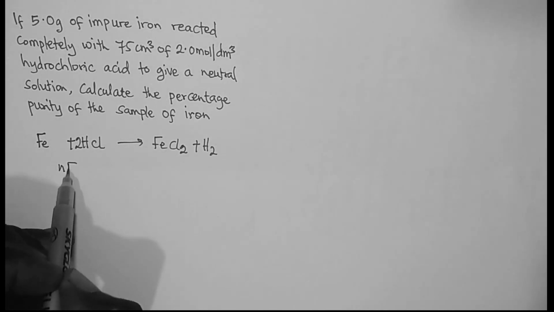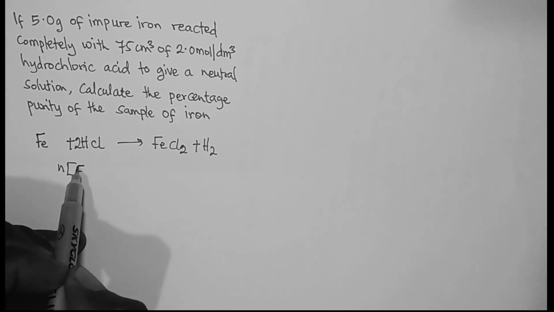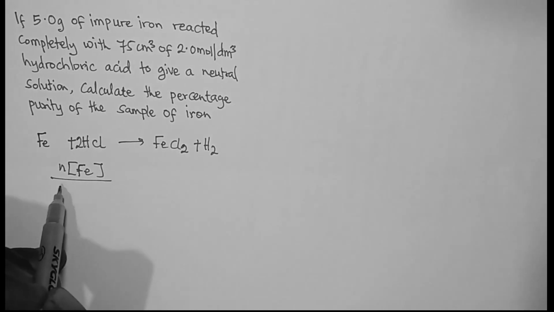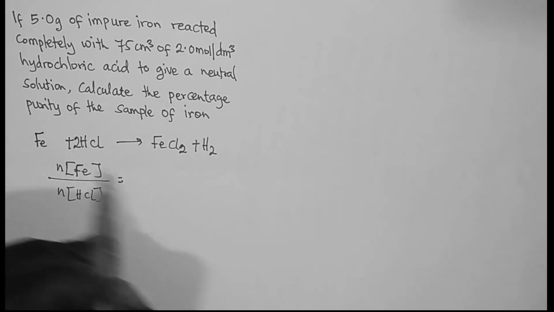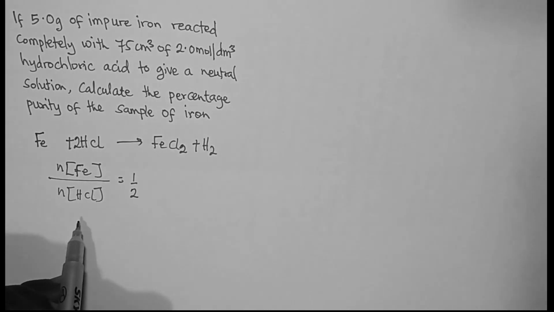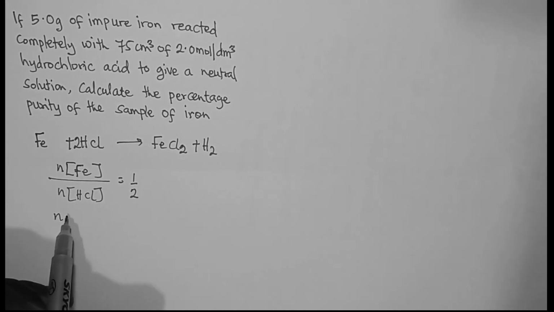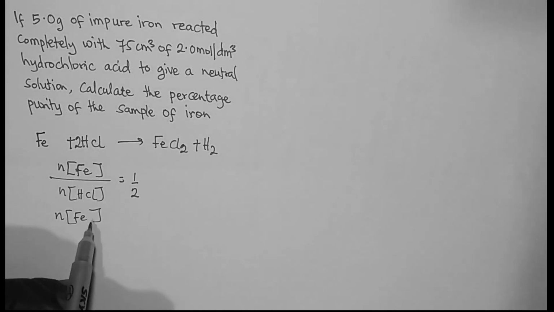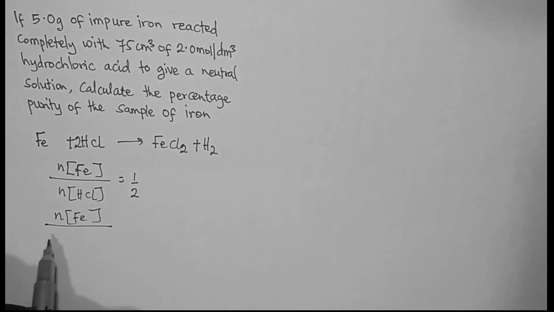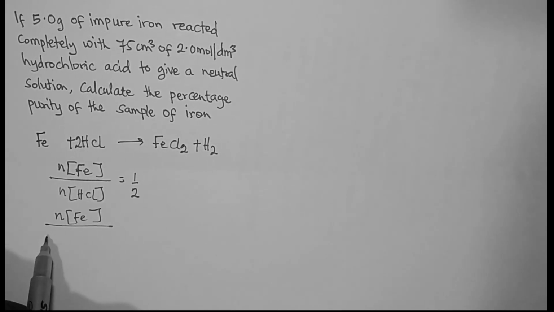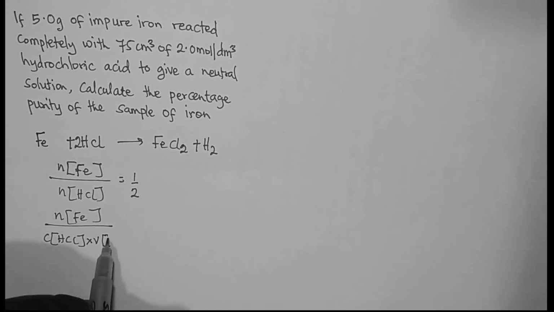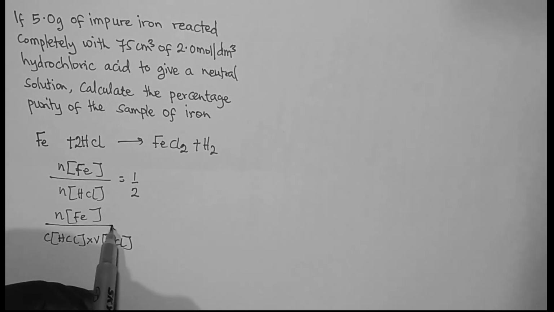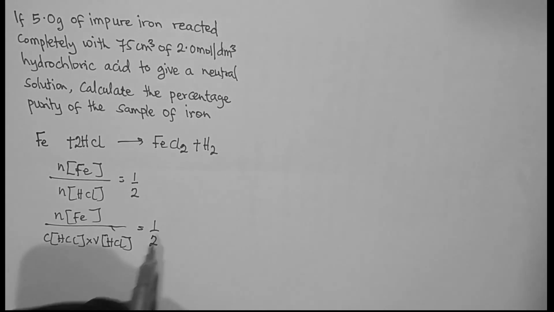So we know that the number of moles of the iron sample with reference to the number of moles of the hydrochloric acid is equal to 1:2. So number of moles of the iron sample, and we know that number of moles is equal to concentration times volume, divided by the concentration of the hydrochloric acid times the volume of the hydrochloric acid, should still give us 1/2.